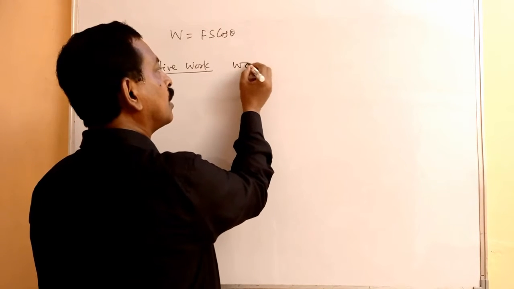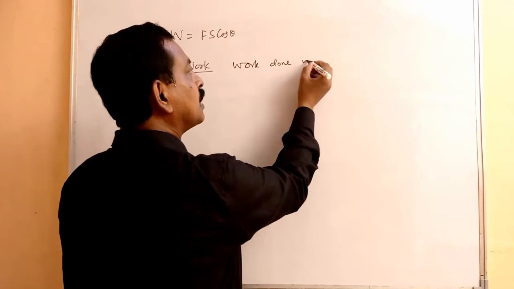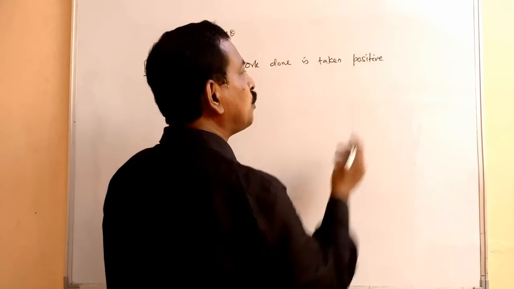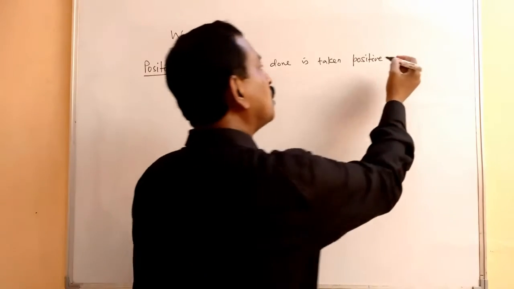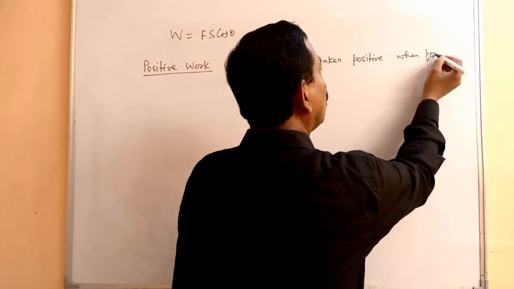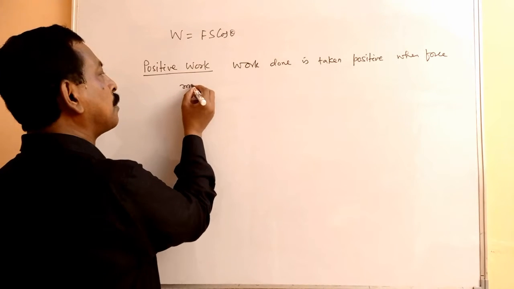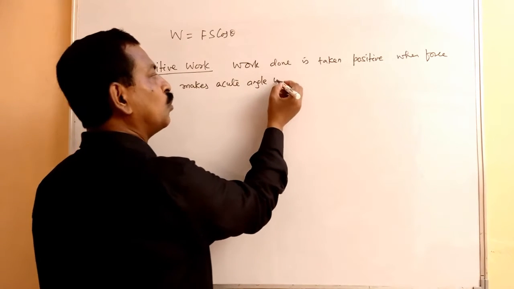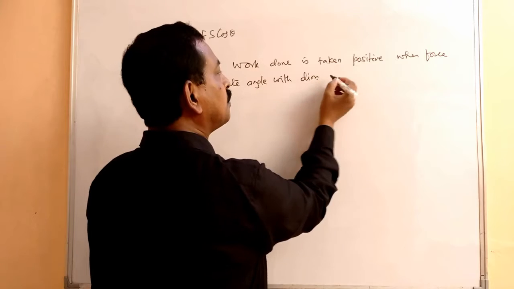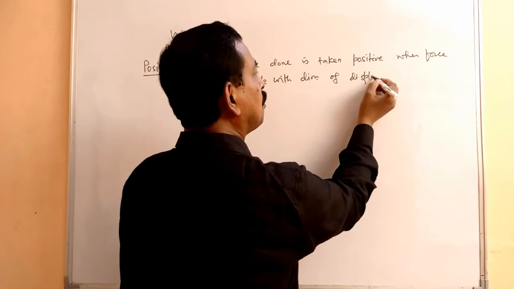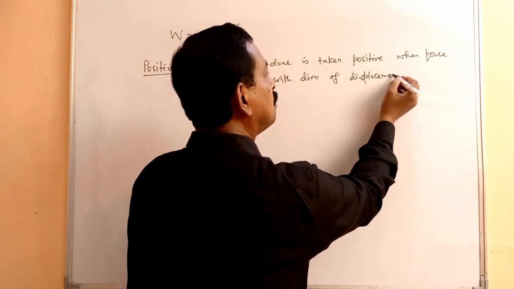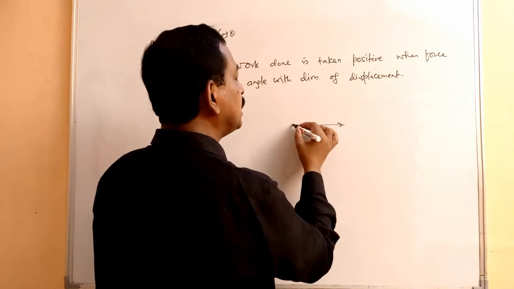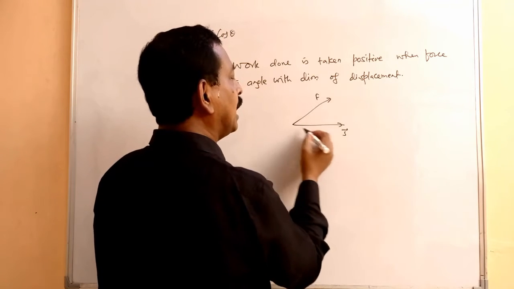So work done is taken positive, or you can say positive work is said to be done when force makes acute angle with the direction of displacement. So if that angle is acute, in that case you will get work done as positive.